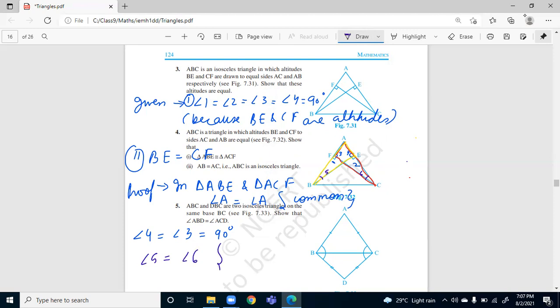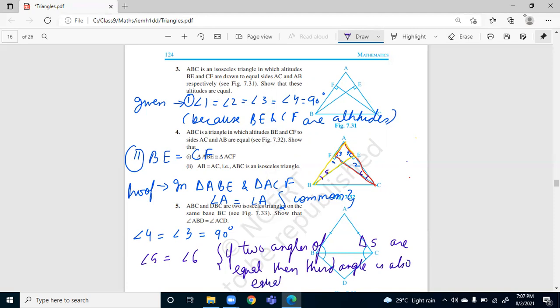If two angles of triangles are equal, then the third angle is also equal. So you got to know that angle 5 is equal to 6.